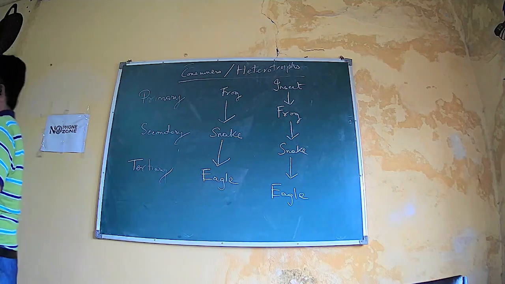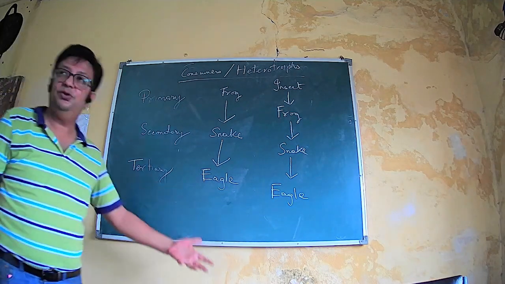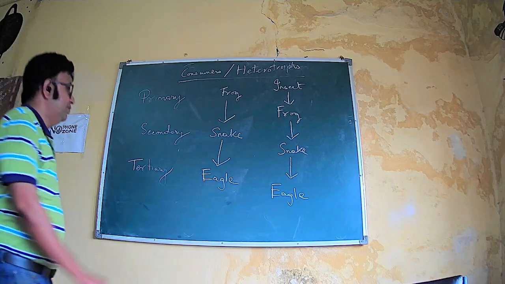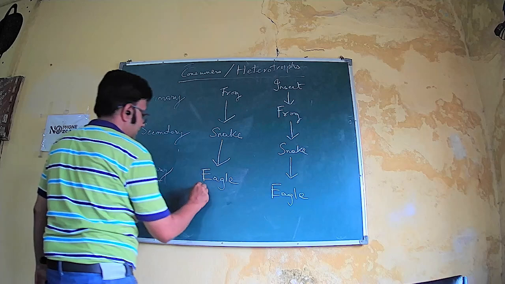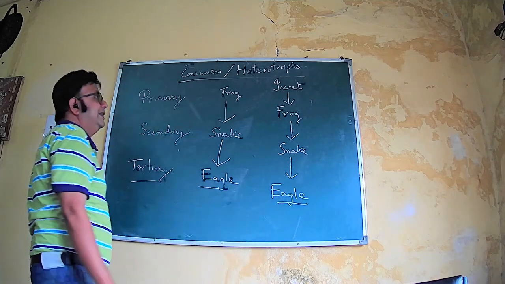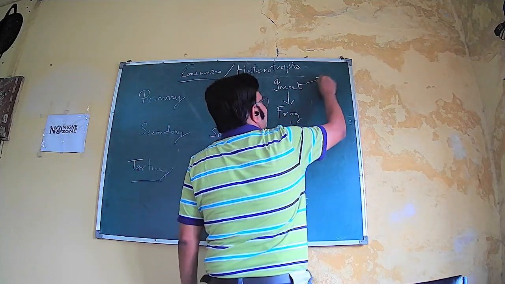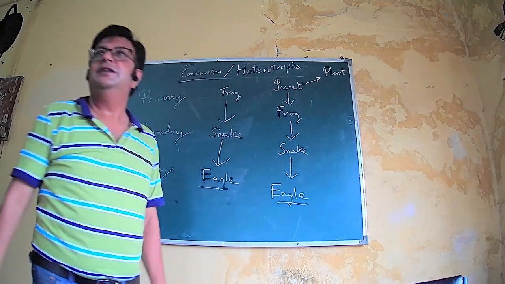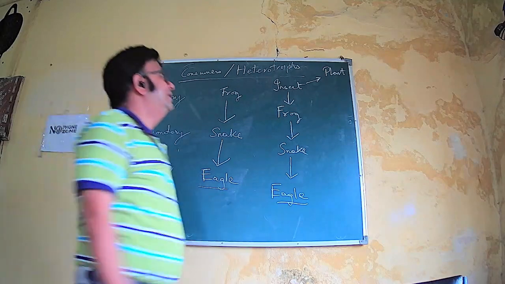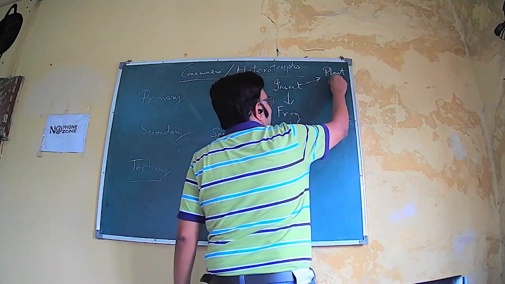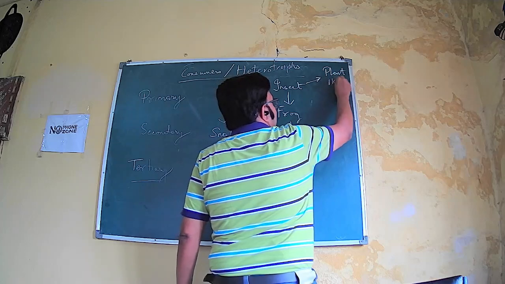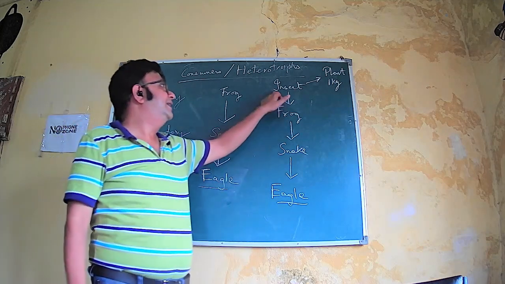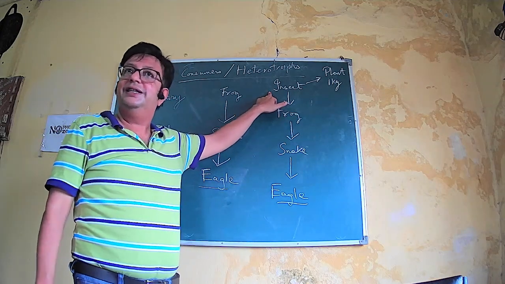Now, since today is the World Ozone Day, not today, but today we are in our college celebrating Ozone Day, one fact to mention over here is that, say, this insect takes some plants. Now, if you spray them with some chemicals, say 1 kg of DDT, this DDT goes inside this insect.